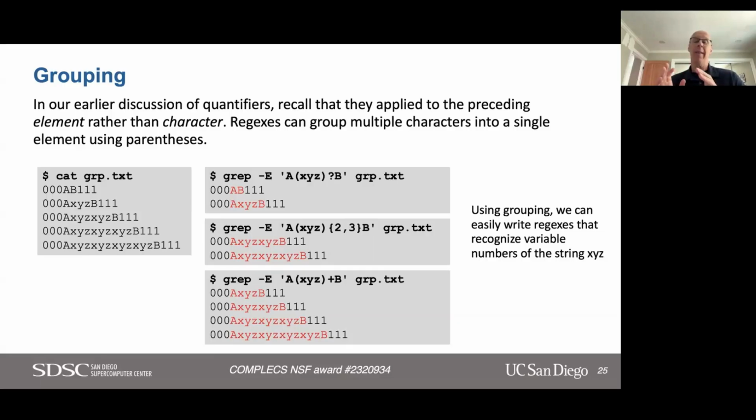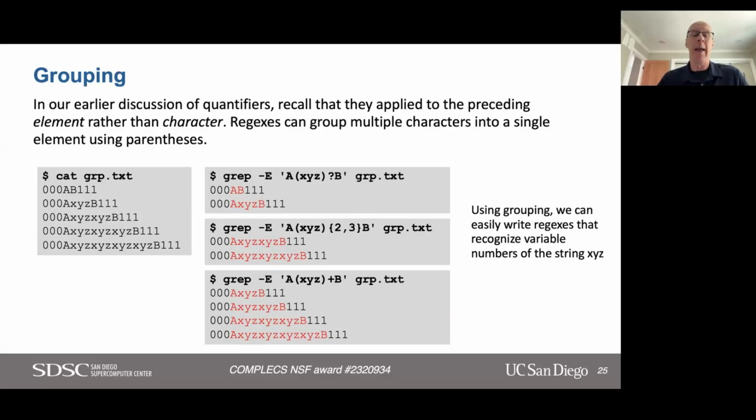And notice the way I wrote this expression. I have A and then in parentheses XYZ followed by the question mark followed by B. If I didn't have those parentheses, what I'd be looking for is A, X, Y, and then 0 or 1 Z's. So this gives me an easy way to group things together and to write these regular expressions without having to use long strings of alternation.